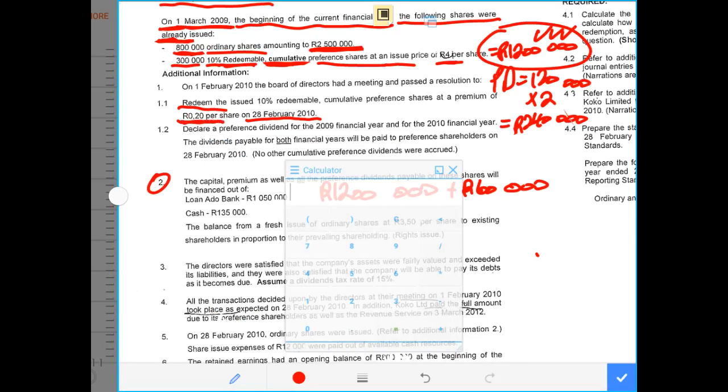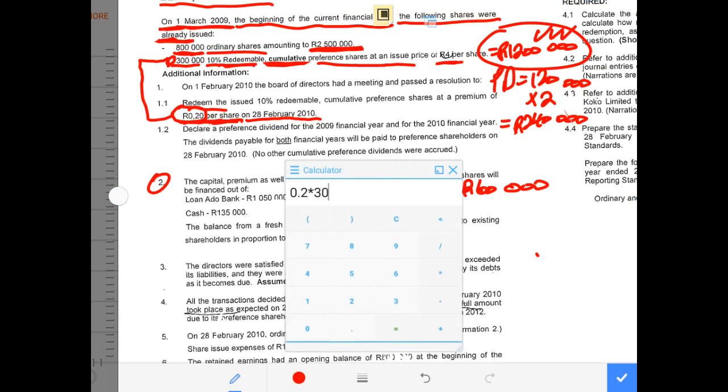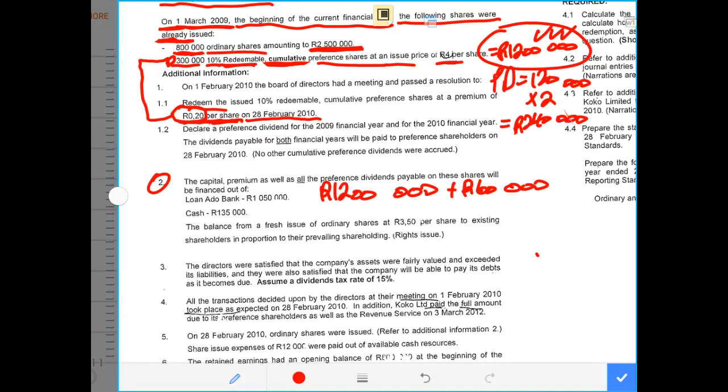And when your premium is in rands, they will always say per share. That means you calculate it from the number of shares. That means you say the premium, multiply that by the number of shares that are being redeemed. In this case, all the shares are being redeemed. Therefore, now we multiply by all the shares. Therefore, now it will be 0.2 times by 300,000. Then that will give us 60,000, which is our premium.